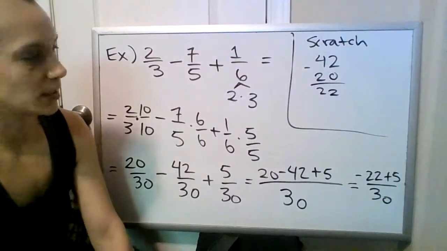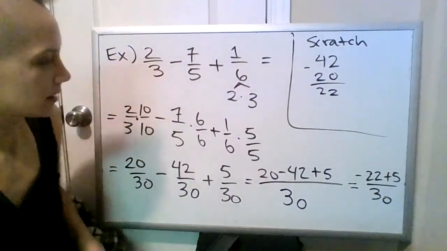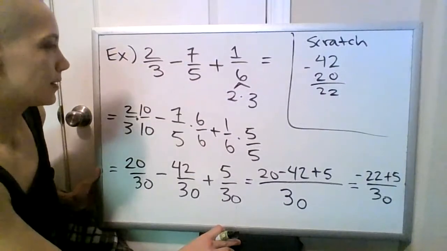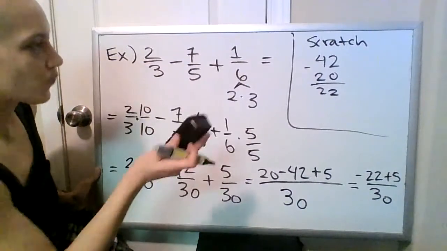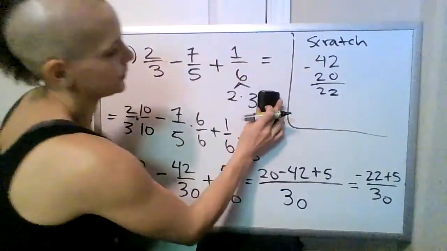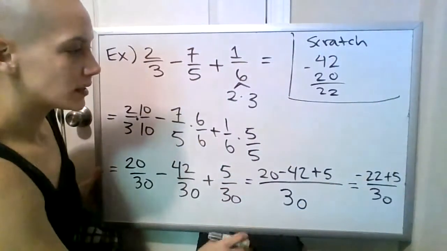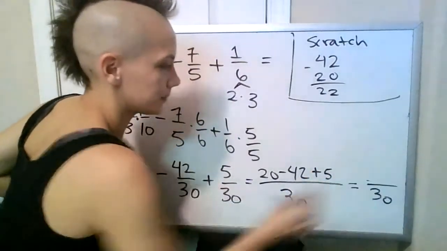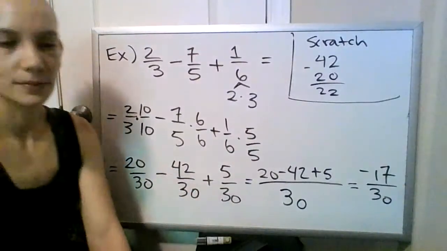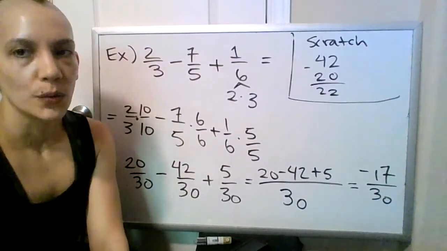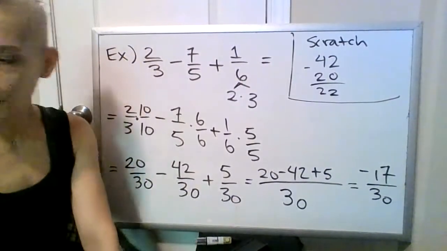Okay, negative 22 plus 5 would be negative 17, and it's over 30. So one more example like this, and then we're on to notes for homework 2.